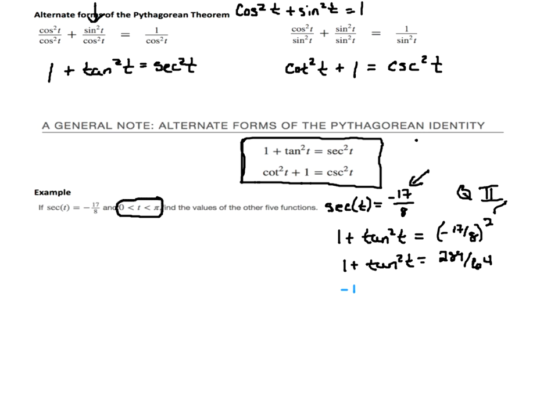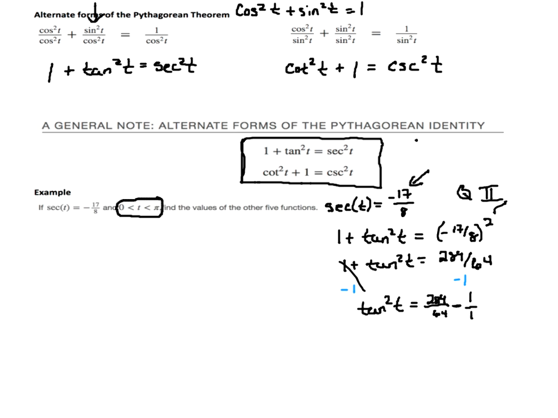And I need to subtract 1 from both sides. And so I have that the tangent squared of t is equal to 289 over 64 minus 1.